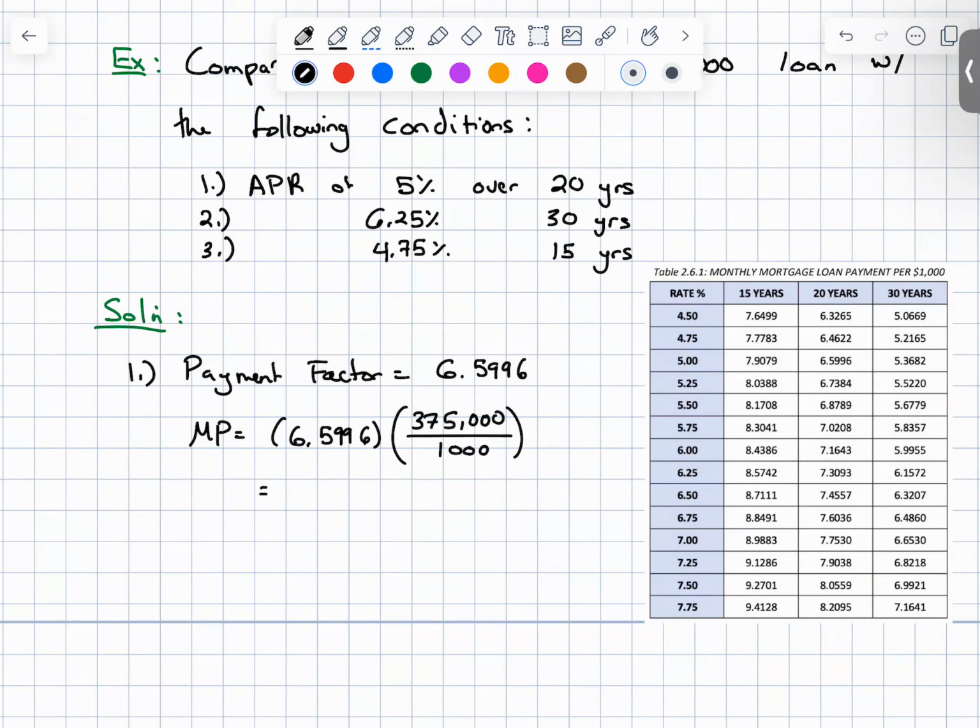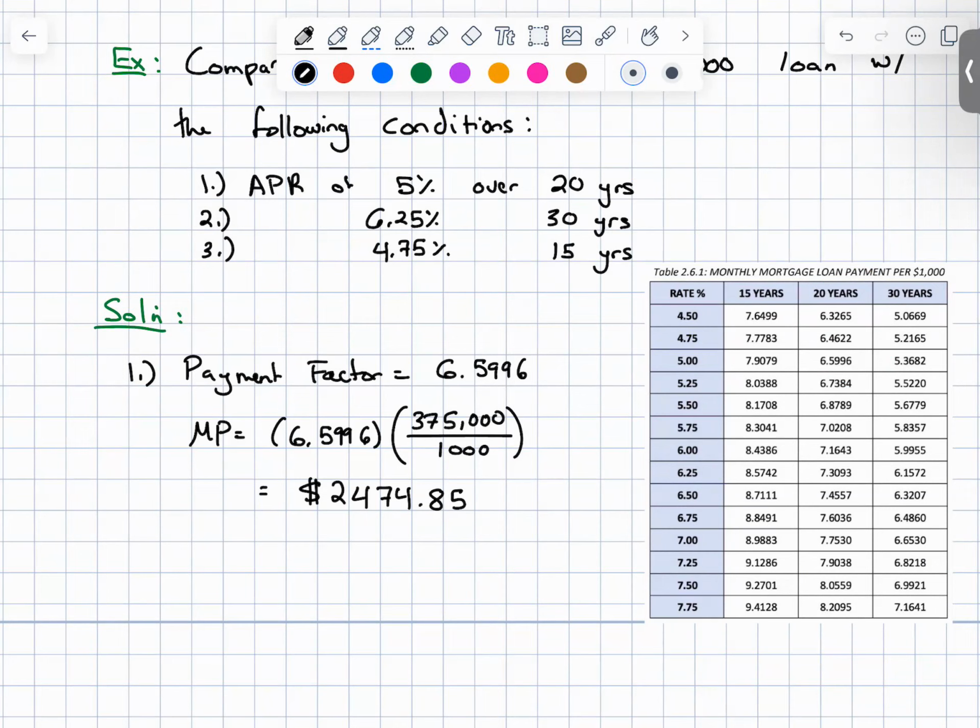So 6.5996 times 375,000 divided by 1,000. I get a monthly payment of $2,474.85. It gives us a nice round number already, to the nearest cent without us even trying.